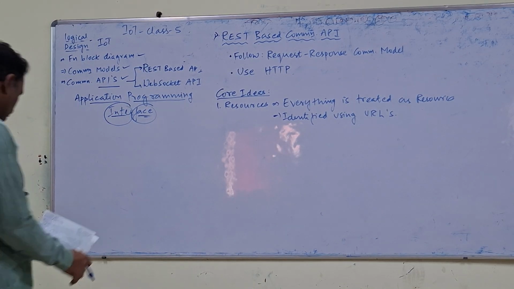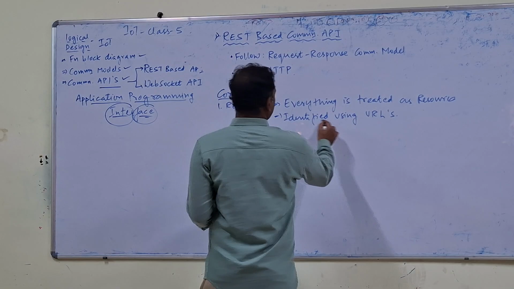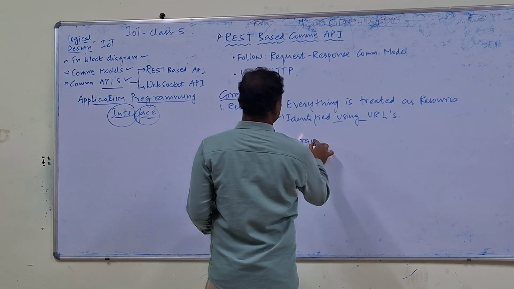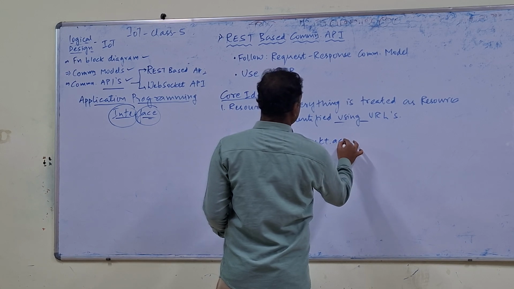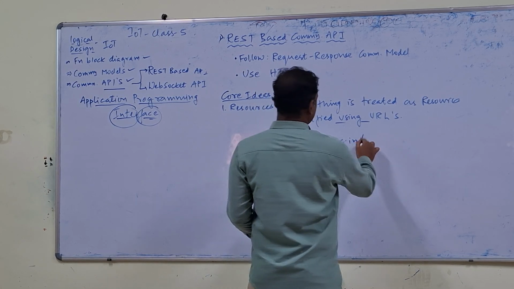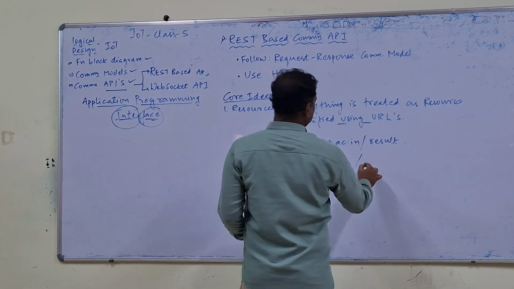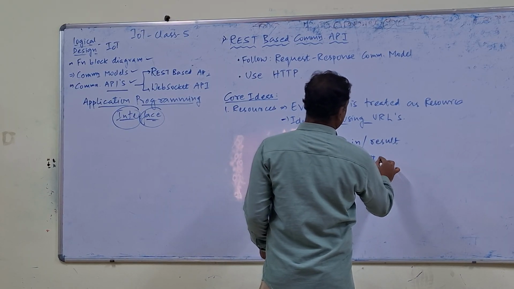And how is everything identified? By a URL, like RGPT.ac, then a slash, result or attendance.